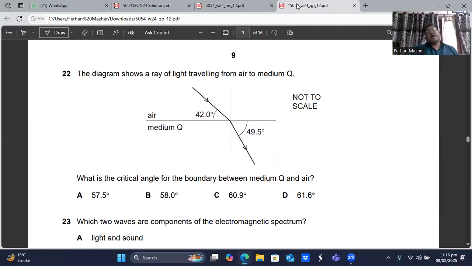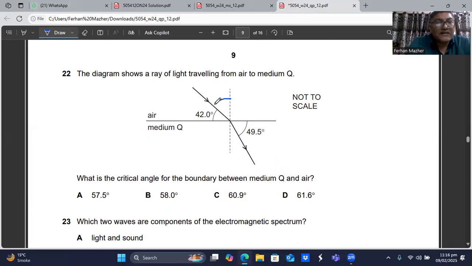Question number 22, the diagram shows a ray of light traveling from air to medium Q. What is the critical angle for the boundary between the medium Q and air? So I will check how much is the angle of incidence here, and then I will have to know how much is the angle of refraction here.